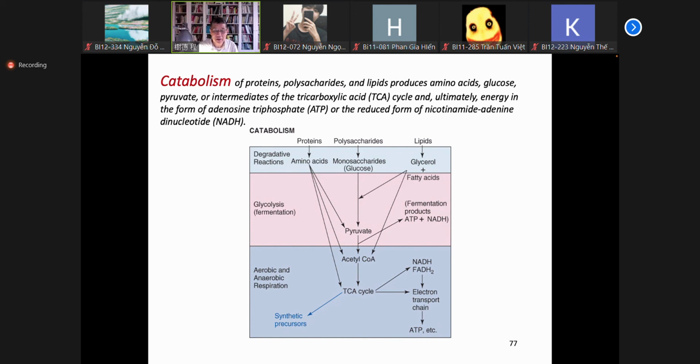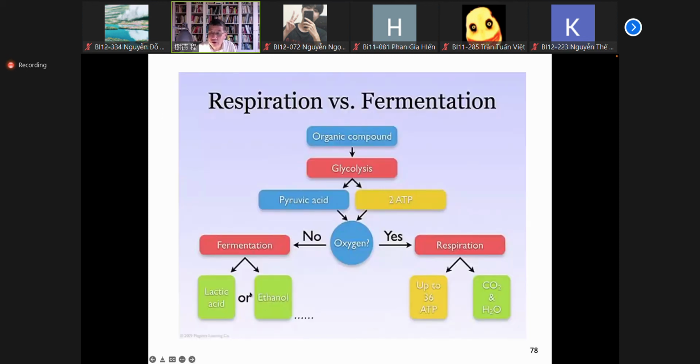So this is the purpose of catabolism, is to get energy. Anabolism. So these are the important processes: the glycolysis, respiration, and the TCA cycle.